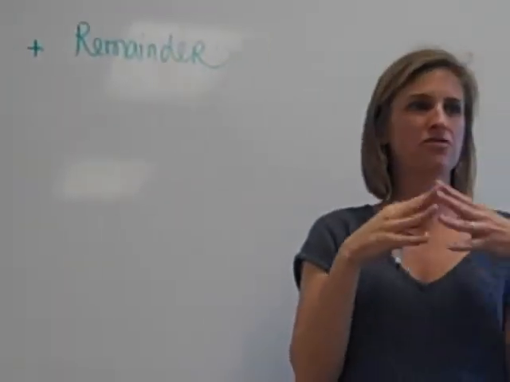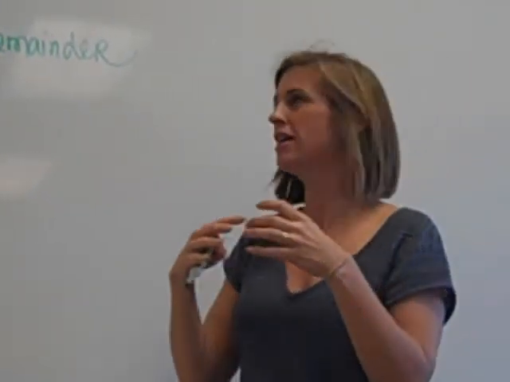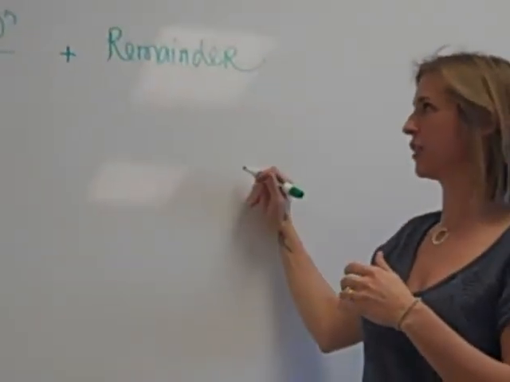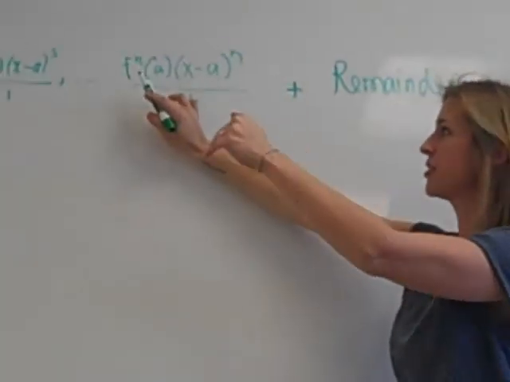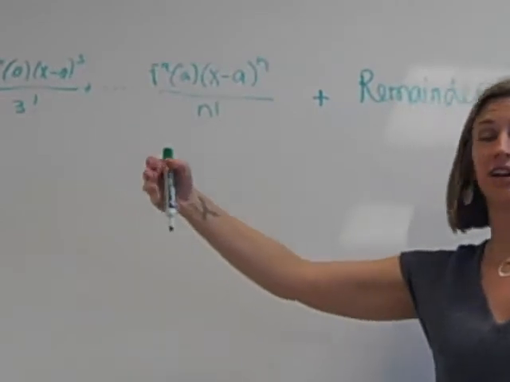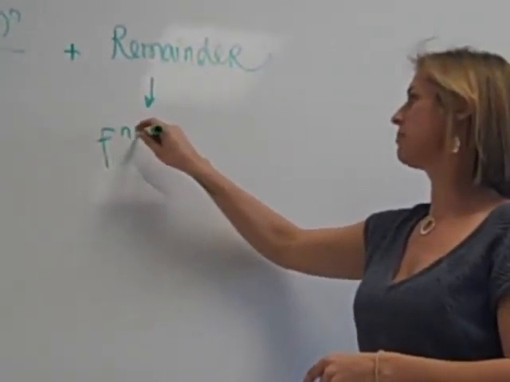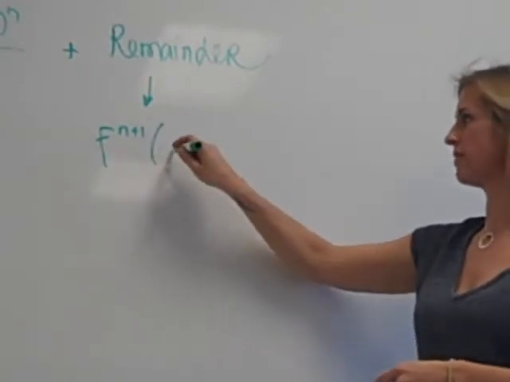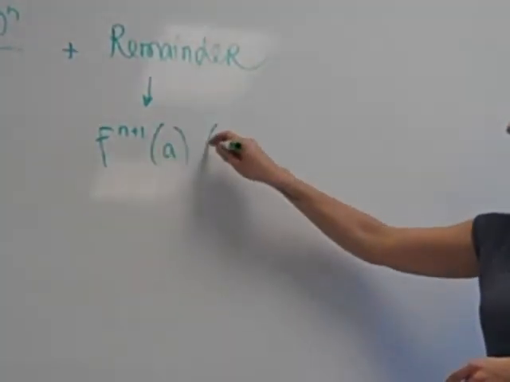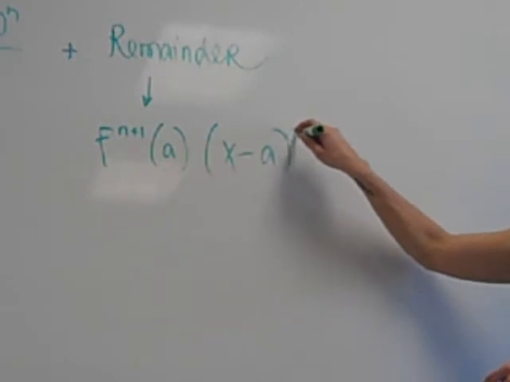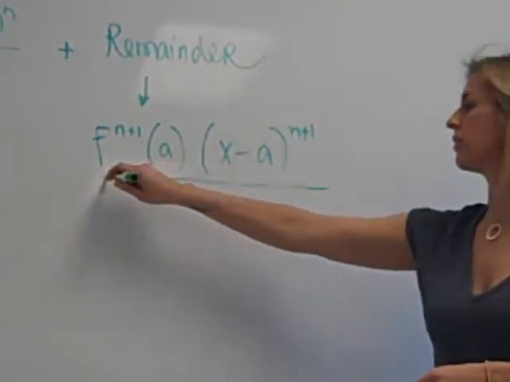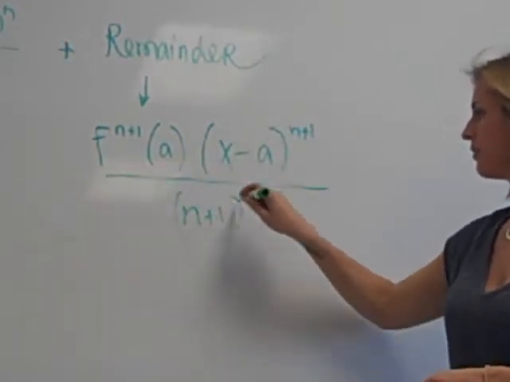They basically let you quantify the error by talking about the term that comes after the last term. If we consider n to be the last term, there's still one that comes after it. So it is f, the n plus 1 derivative, evaluated at a, times x minus a to the n plus 1 over n plus 1 factorial.